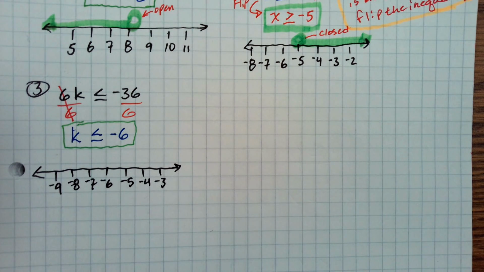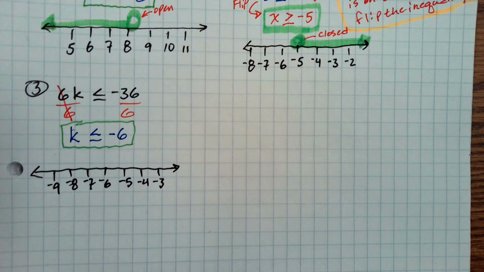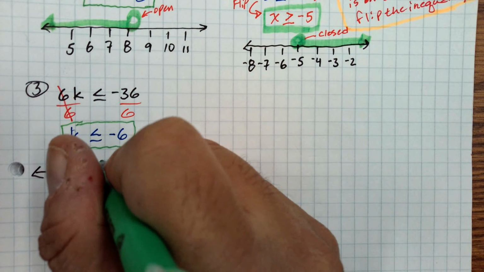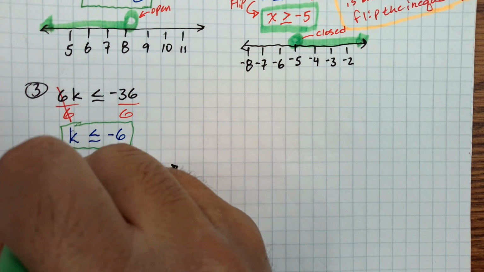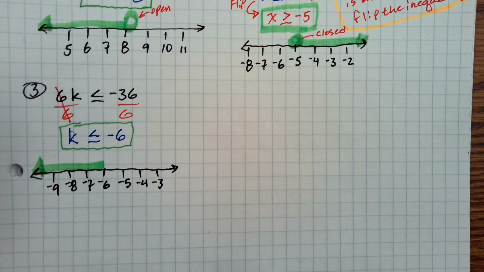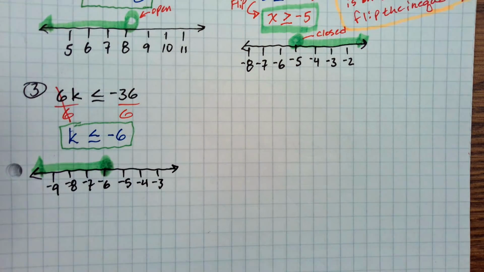Okay. And we want k less than or equal to negative 6. So less than negative 6 is on the left. Now, is this open or closed, the point? Closed. It's got the equal to part. Close it up. All right.